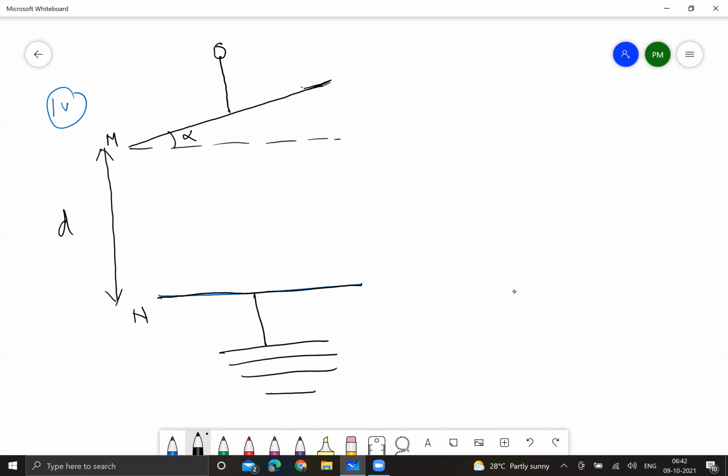So here the plate separation is not the same on both sides. This is the plate separation on one side, d1 is equal to d, and the plate separation on the other side is d2.